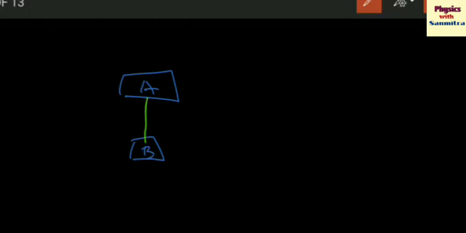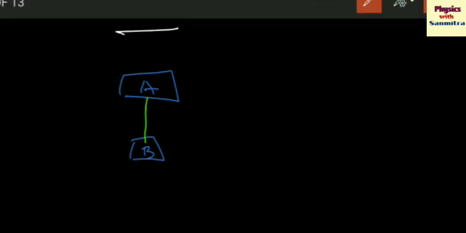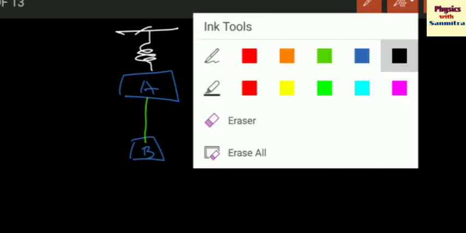Now let's do it. See, initially A was like this and B is like this, and they are connected by a string, and above that this is connected by a spring also. Now at equilibrium, what is the case?